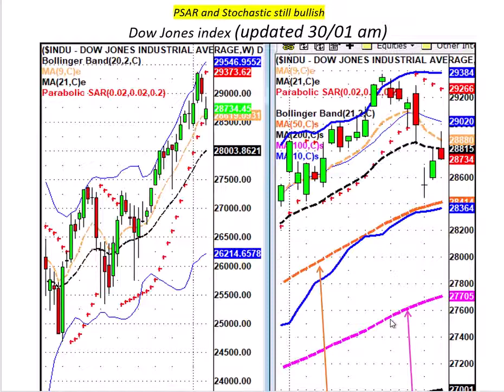And again, if you want to learn how to read those signals, all you have to do is call us. We run a lot of education programs to teach you how to read signals from the charts. So if we try to interpret what's going on here, the parabolic stop and reverse, the dot on the top of the candle, is starting to show that on the weekly chart there is a negative or bearish momentum.